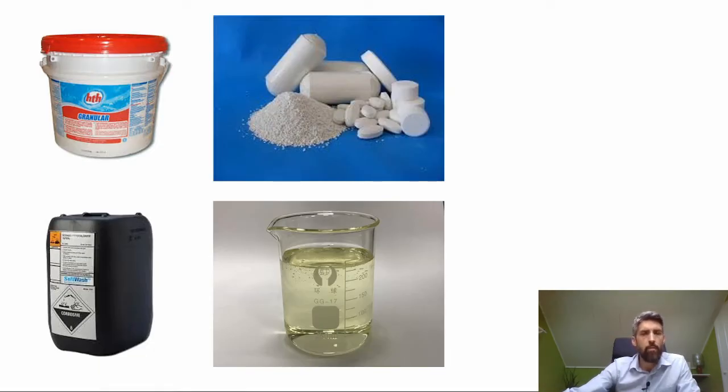Okay, so we know how much chlorine we want to add into the swimming pool, but the next thing we've got to do is look at the chlorine donor that we're using, because neither of the main ones, calcium hypochlorite there at the top and sodium hypochlorite at the bottom, are 100% chlorine, far from it.